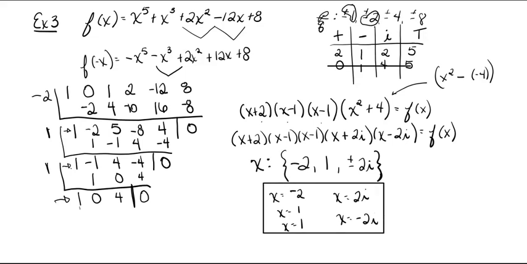This one shows my set. This has a multiplicity of 1, this one has a multiplicity of 2, and this is 2 separate answers. So 1 plus 2 plus 2 is 5. You'll see how that works. Let it sink in for a minute. Pause the video if you need to, and then we'll move on to another example.